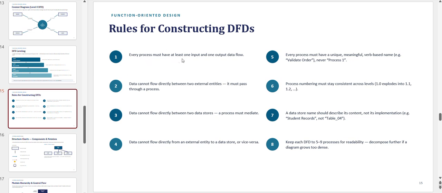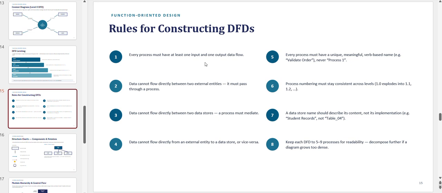Now we will see rules for constructing a DFD. First one is every process must have at least one input and one output data flow. Second, data cannot flow directly between two external entities. It must pass through a process. Third rule is data cannot flow directly between two data stores. A process must mediate.